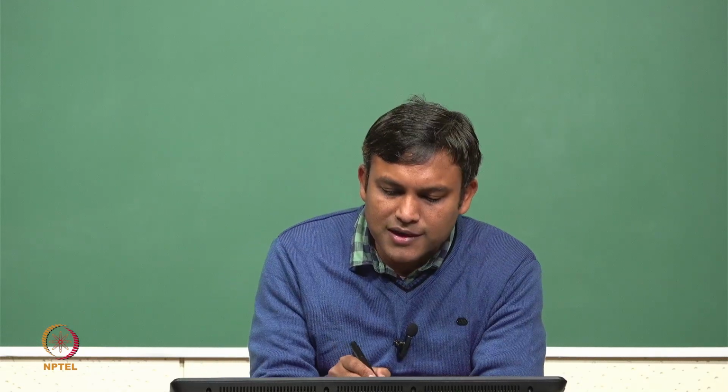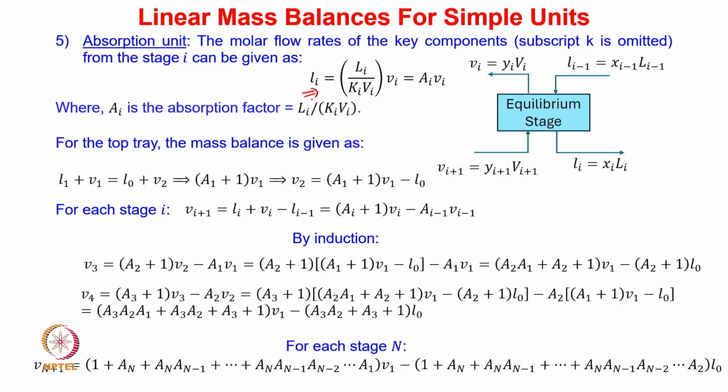So how are the equilibrium relations accounted for? The equilibrium relation is given here. If I rearrange this equation, it is nothing but K_i equals (l_i by L_i) divided by (v_i by V_i). Here l_i by L_i is nothing but x_i, so K_i x_i is given as y_i.